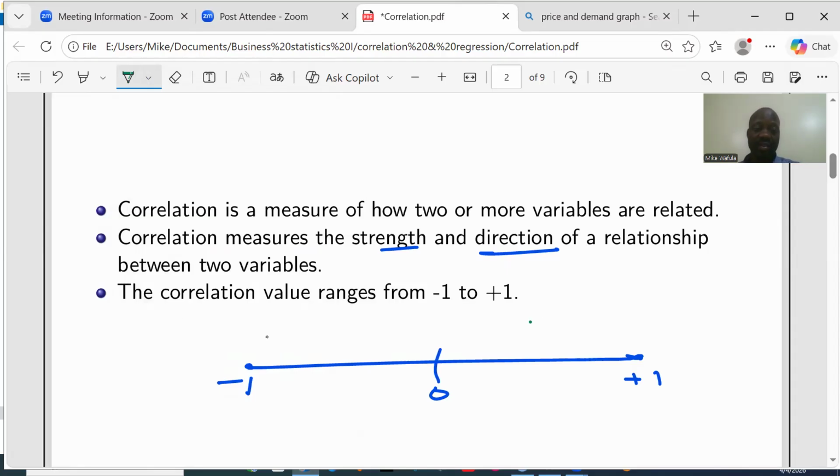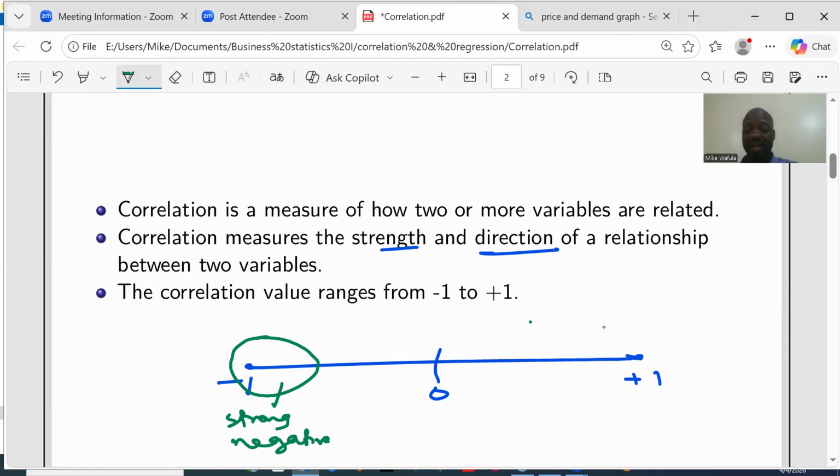Whenever you get values around -1, let's say -0.96, -0.8, even -0.75, then we describe that relationship between the variables as a strong negative correlation, whenever we have values approaching -1.